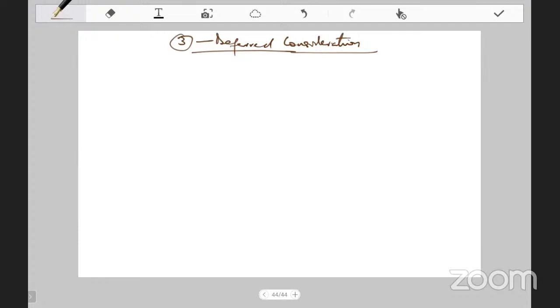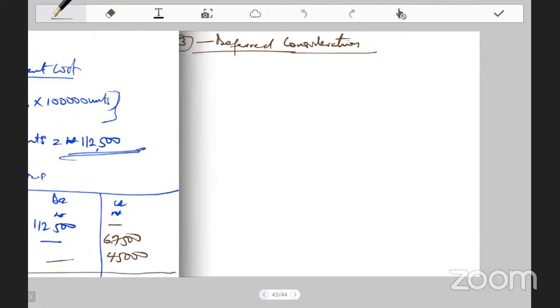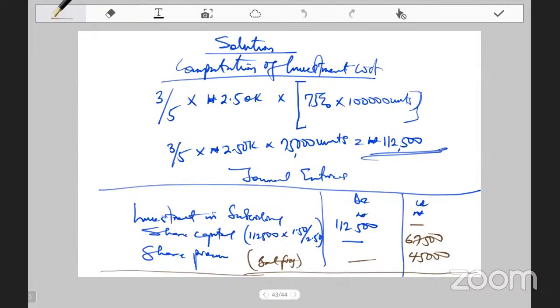Please, I want us to go back to the previous page. I'm not taking down my journal entry. Okay, Lukman, speak, please. I can see your hand. What's your question? Who else? Sir, I have a question.